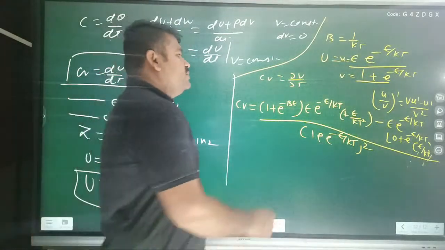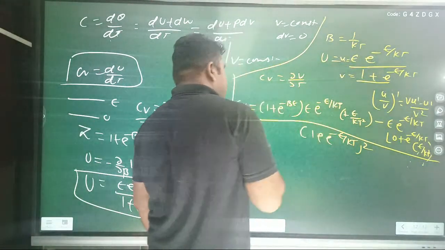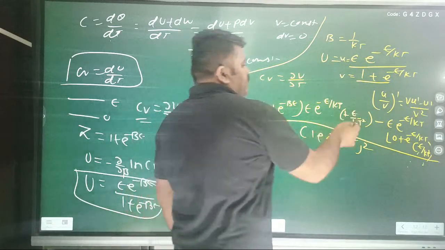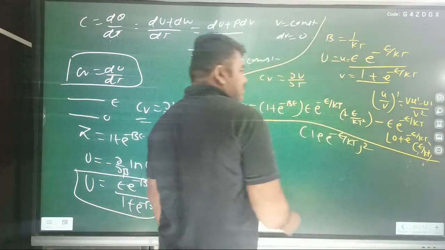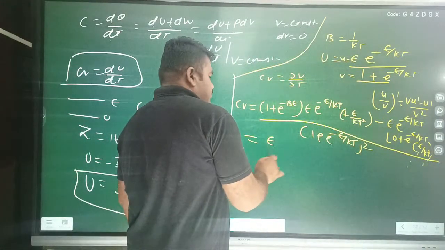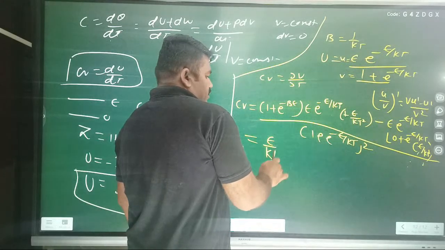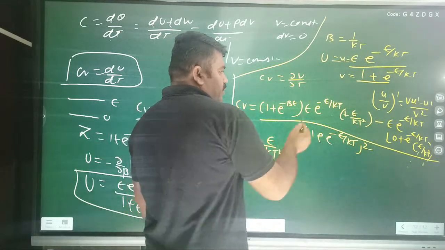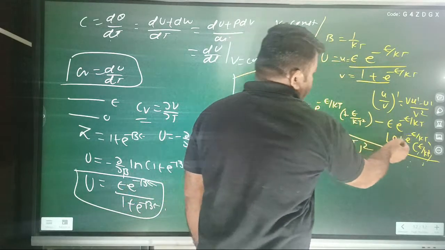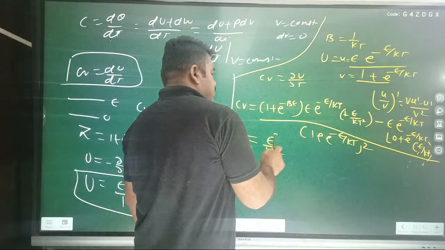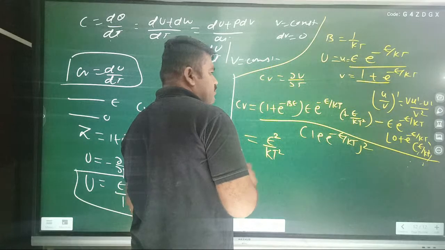अब इस e to the power minus epsilon upon kT से मल्टीप्लाई करिए. Here also epsilon upon kT square, here also epsilon upon kT square. Take outside epsilon upon kT bracket square. Okay, or this epsilon and this epsilon, and this epsilon square. This we can take, the epsilon square upon kT outside.